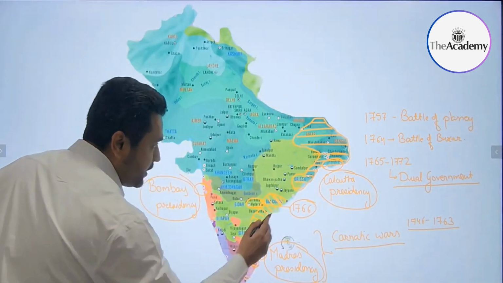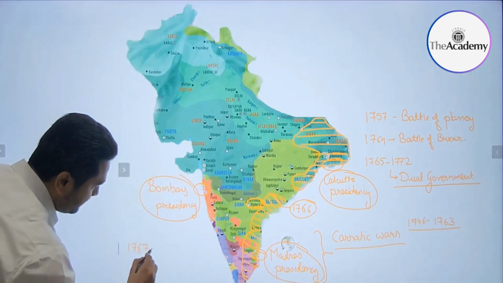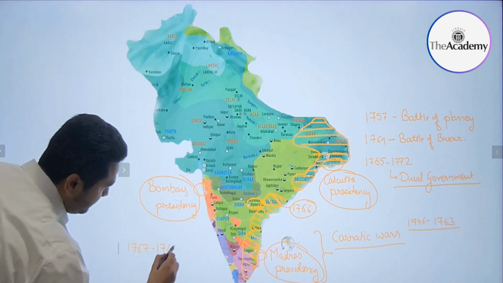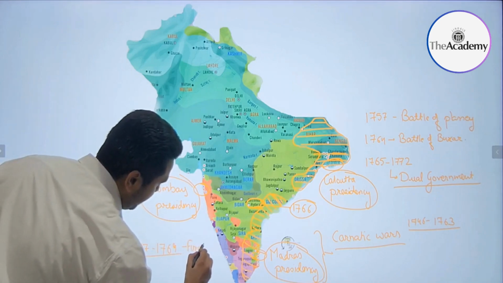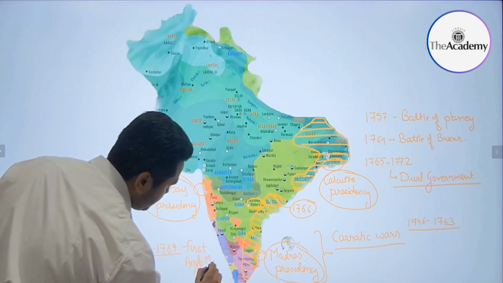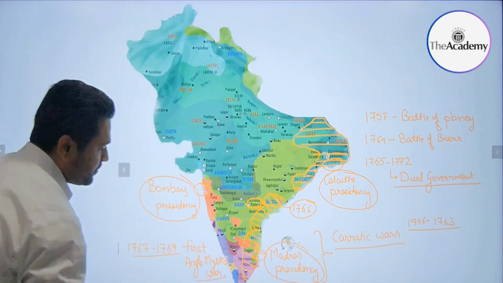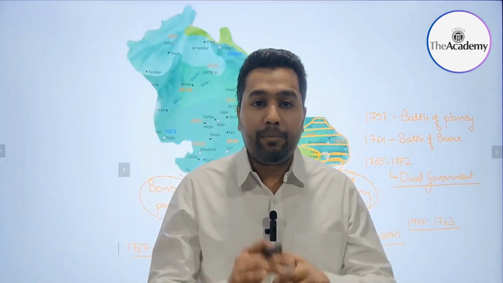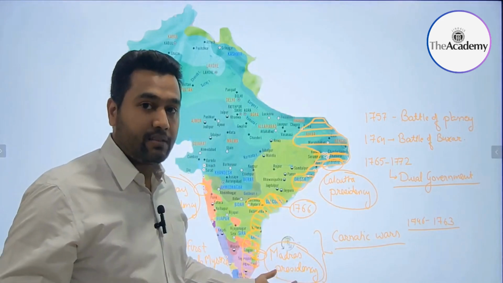And also, during this time period, from 1767 till 1769, the British fought the first Anglo-Mysore War. In this war, the British lost and they had to sign the Treaty of Madras.